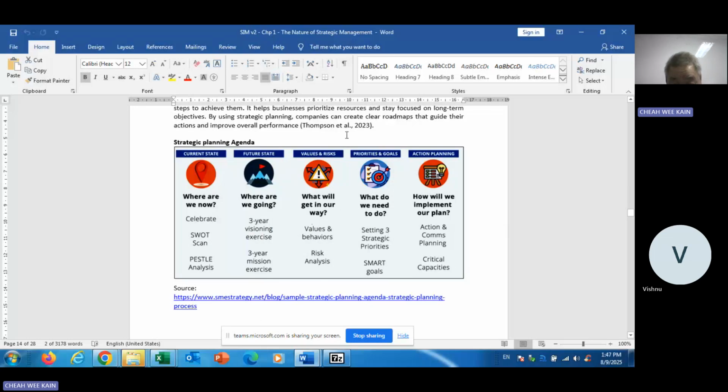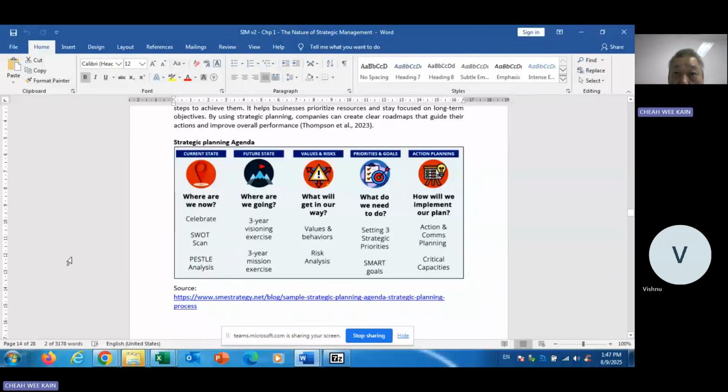So look at this carefully. Here, here, here, here, and here are all strategy formulation. Remember three phases? Formulation, implementation, evaluation.